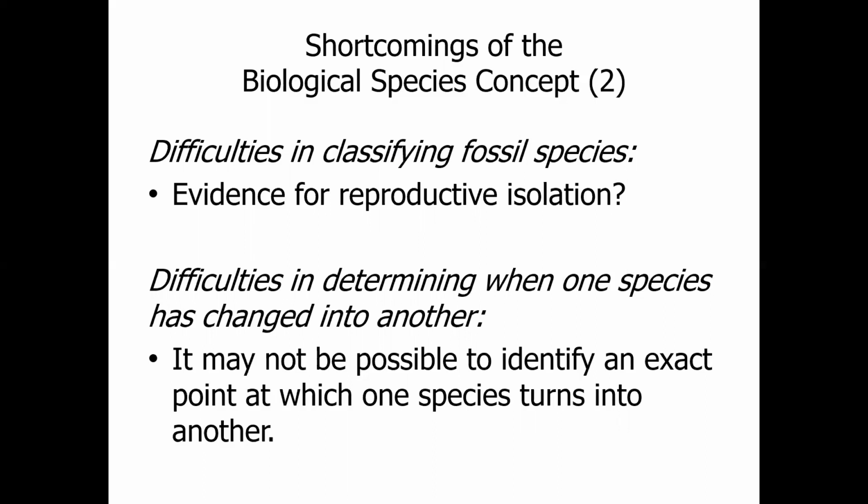Ultimately, because of the fossil record, we don't necessarily know when one species changed to another. We don't know that tipping point. Was it gradual? Was it very quick? We're not sure. For some examples, we have better evidence, but for many, we don't. So with the fossil record, we can't always identify that transition point. When did species A become species B?